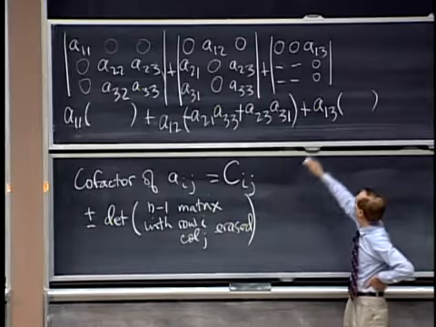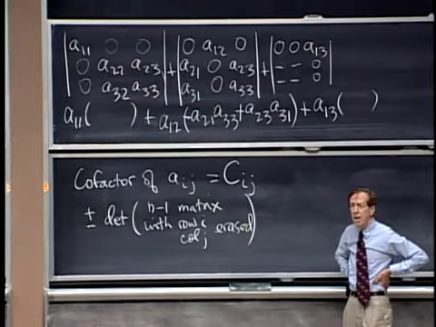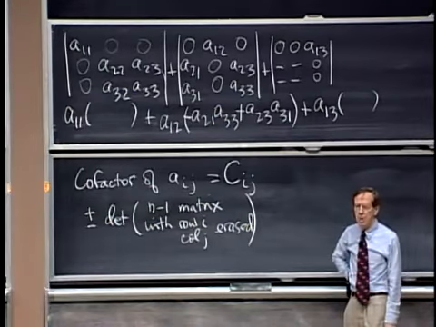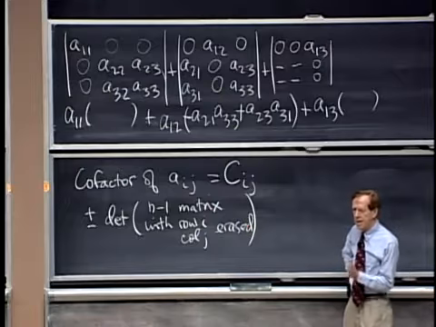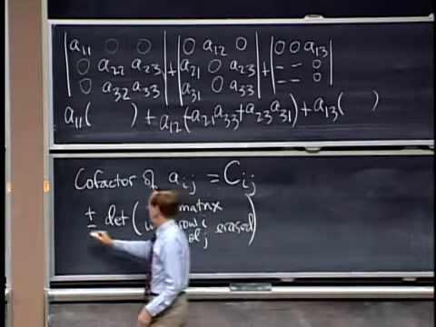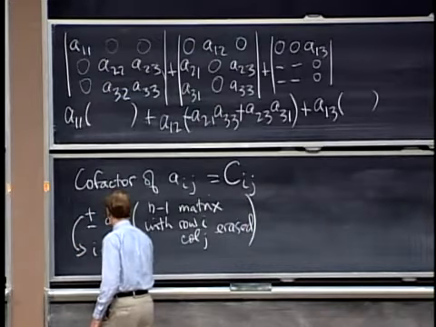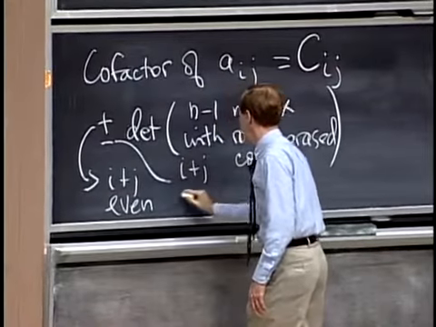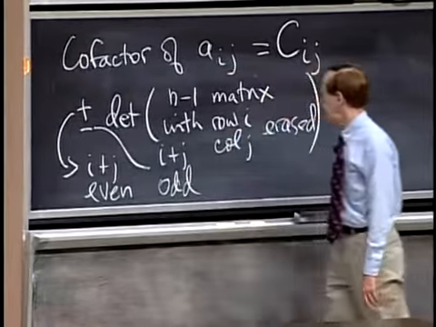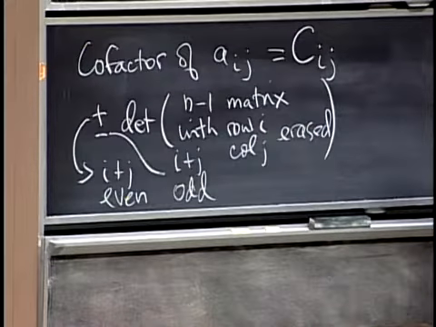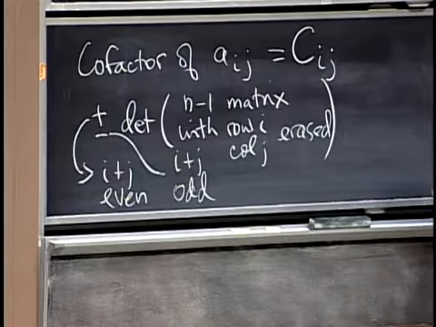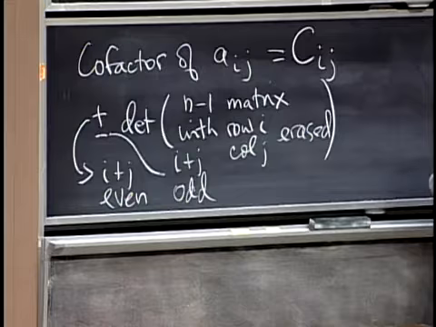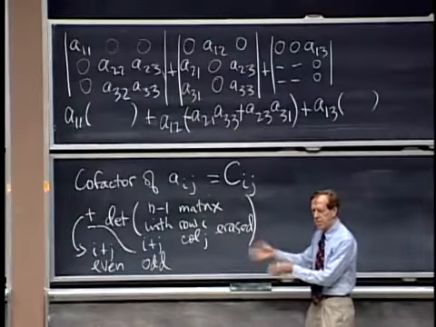Ij equal 1,1 or 1,3 was a plus. It sounds very like i plus j, odd or even. That doesn't surprise us, and that's the right answer. So it's a plus if i plus j is even, and it's a minus if i plus j is odd. So if I go along row 1 and look at the cofactors, those one-smaller determinants, they come in order plus, minus, plus, minus, plus, minus.